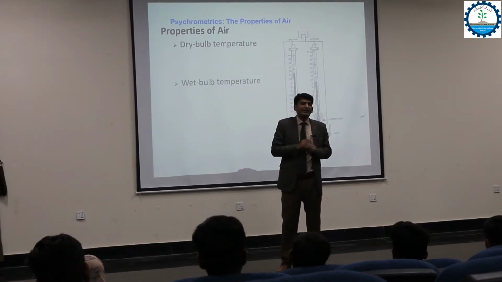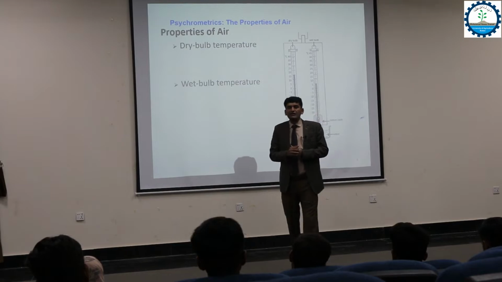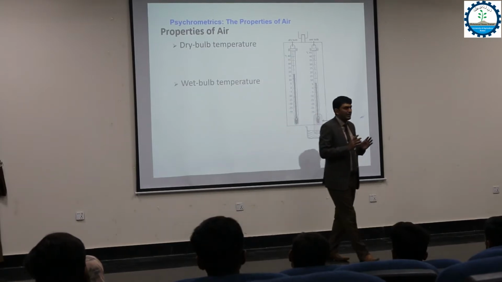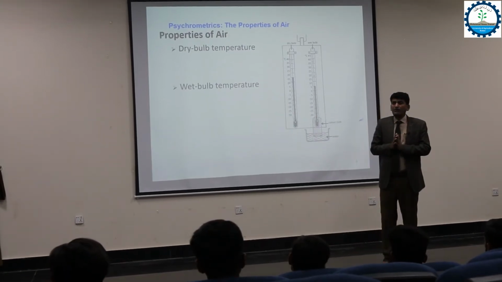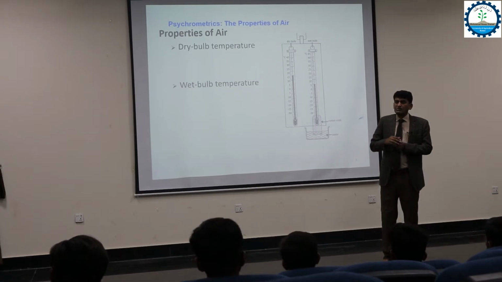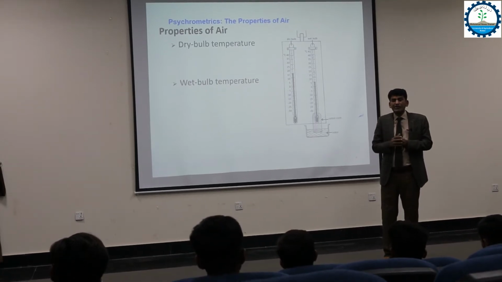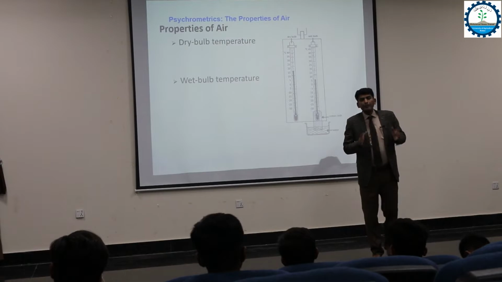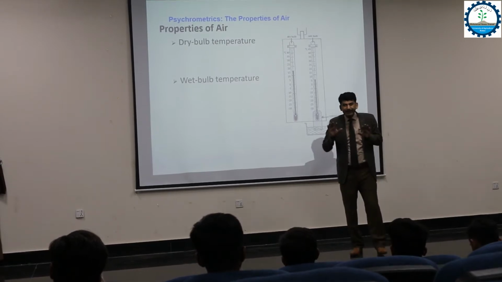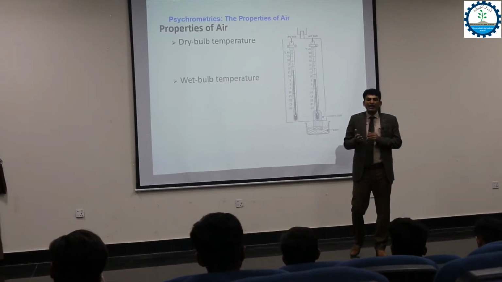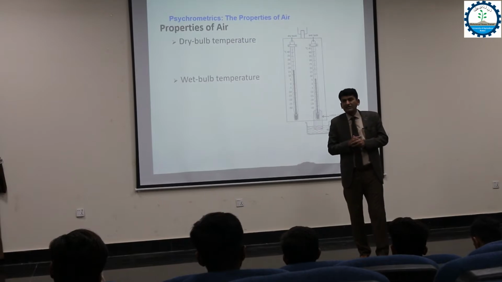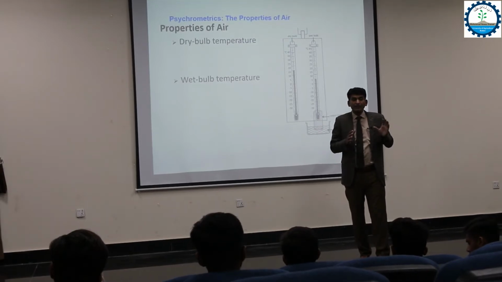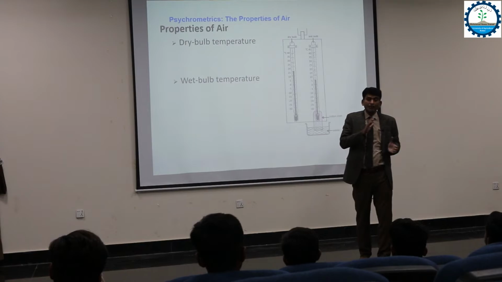our psychrometric chart. As I already mentioned, the psychrometric chart is the graphical representation of all the thermal behavior, the thermodynamics of moist air. What happens when any heat is added to the system, what happens when heat is released from the system, and what happens if moisture is added or removed from the system.